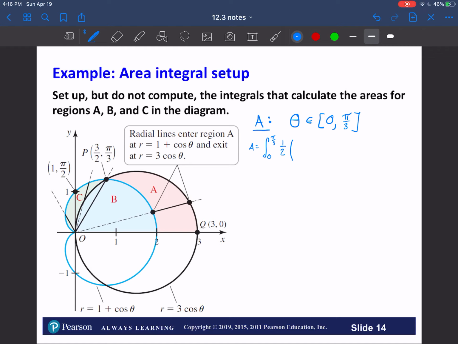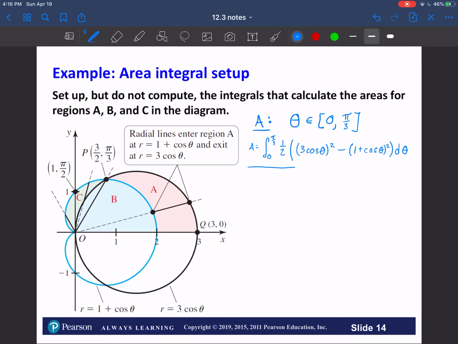So the outer function is 3 cosine theta, and then we're going to square it, and we're going to subtract the inner function squared. And the inner function is the cardioid, it is 1 plus cosine theta. So 1 plus cosine theta squared, and that's our integral setup. Okay?